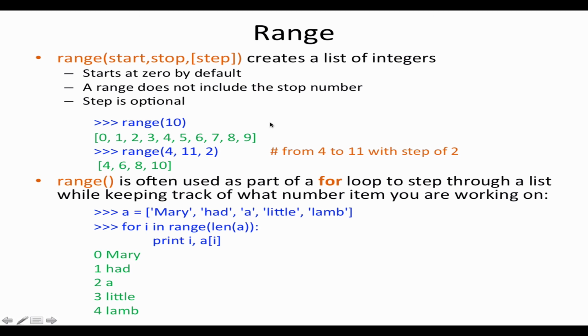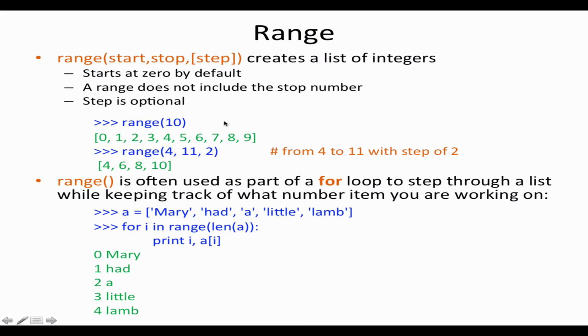Well, range is a function. Range creates a list of integers. So if you wanted to input some data, rather than typing it all out and saying my list equals, brackets, and then start typing out 1, 2, 3, 4, that's dumb. You could just say start, stop.